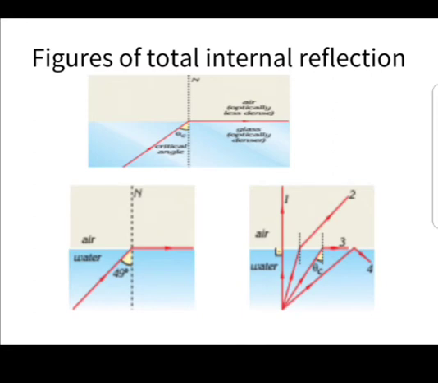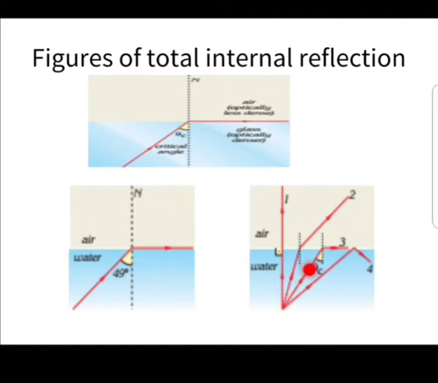The second ray has an angle of incidence smaller than the critical angle. In this case, the light ray passes into the second medium. In which form does it pass? It goes away from the normal, so the light ray goes in this form.